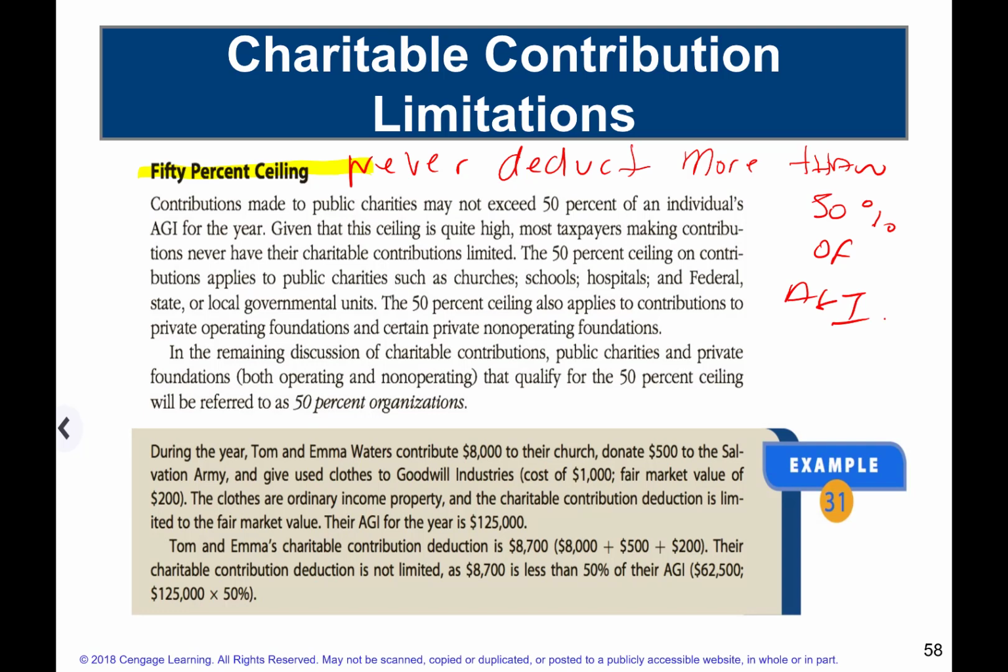You can never deduct more than 50% of your adjusted gross income for charitable contribution.